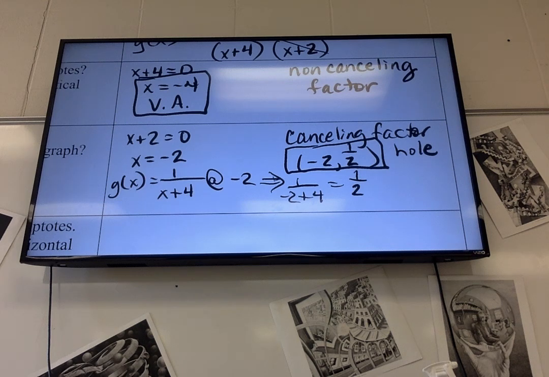Move on to the horizontal asymptote if you haven't yet. Be able to tell me, is it top heavy, same heavy, bottom heavy?